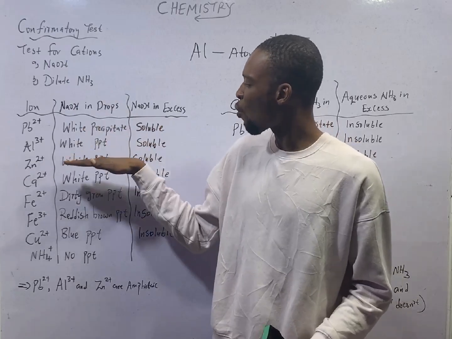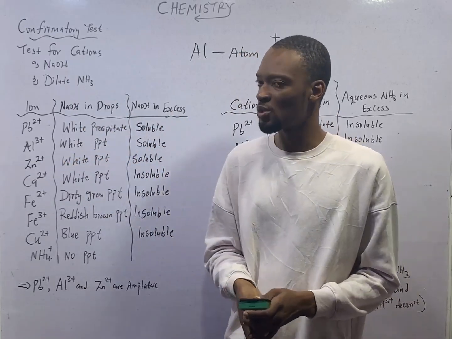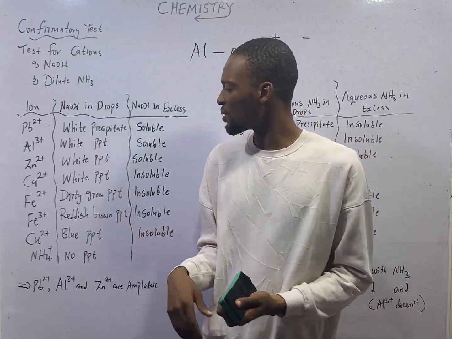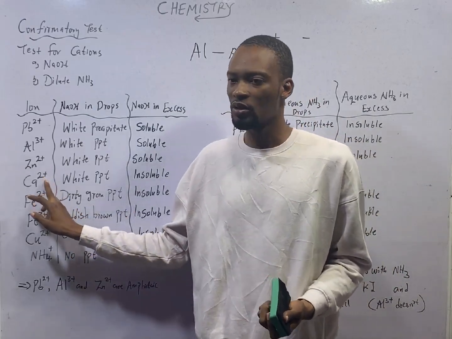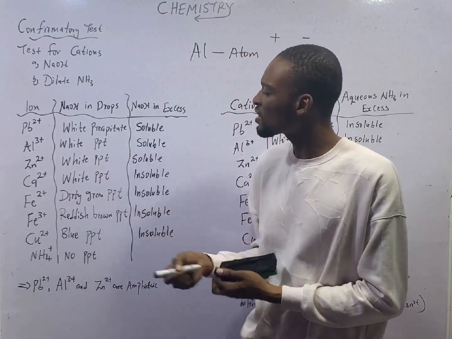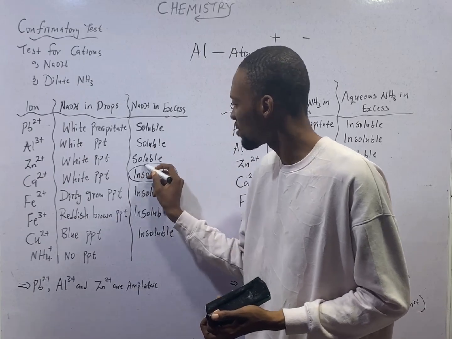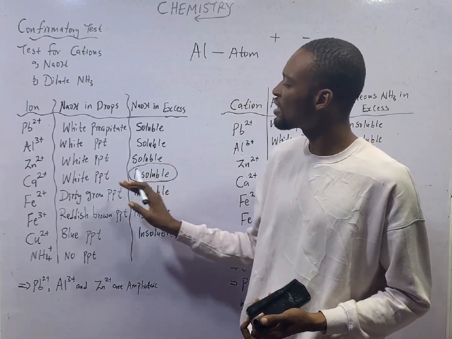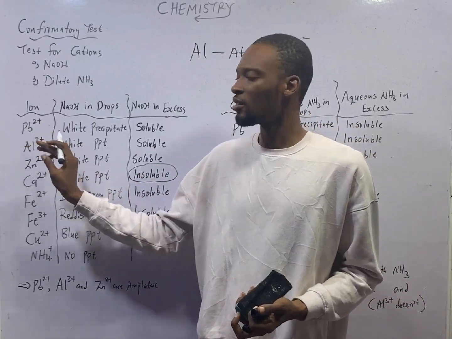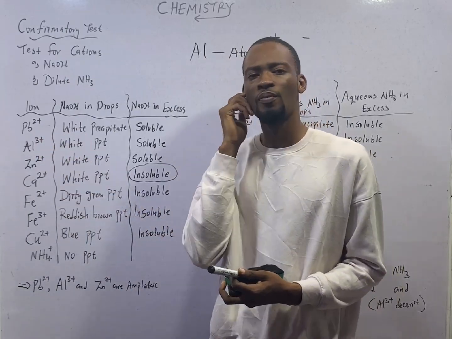They all form white precipitate, which is soluble in excess sodium hydroxide. Now, look at this. Calcium ion forms white precipitate. However, the precipitate of calcium ion is insoluble in excess sodium hydroxide. This is what distinguishes calcium ion from lead ion, aluminium ion, and zinc ion.